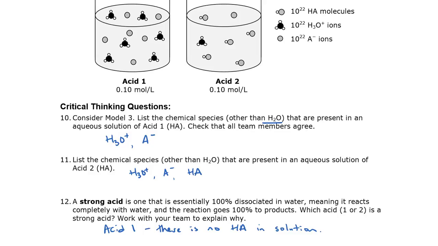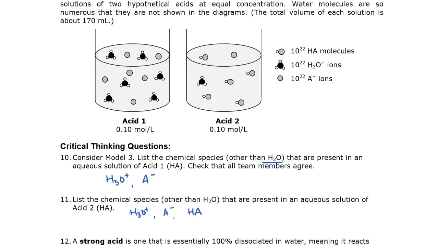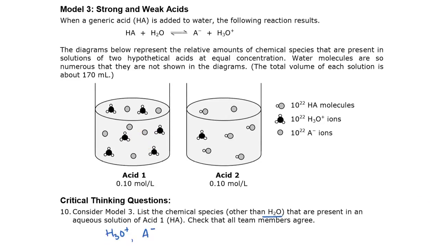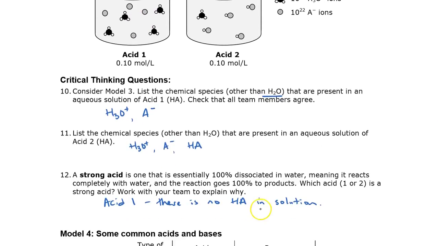So did you say acid 1? Why is it acid 1? Because I'm looking at something that's gone 100% to the products, meaning there won't be any HA left. All of the HA will have reacted with water to give me A- and hydronium, and that's what I see in acid 1. There's no HA left. So that must be the strong acid.